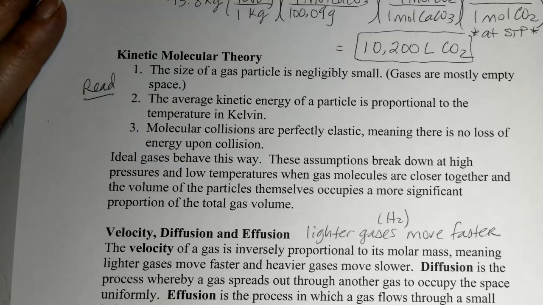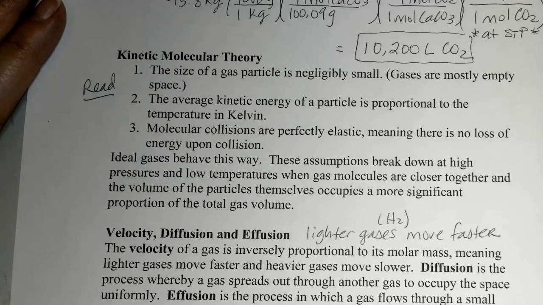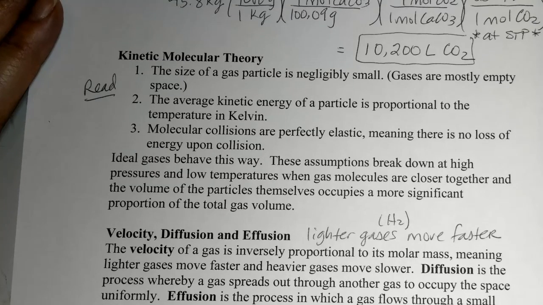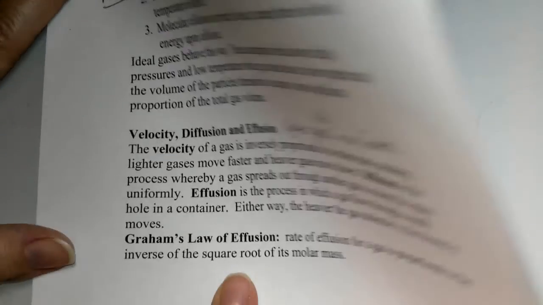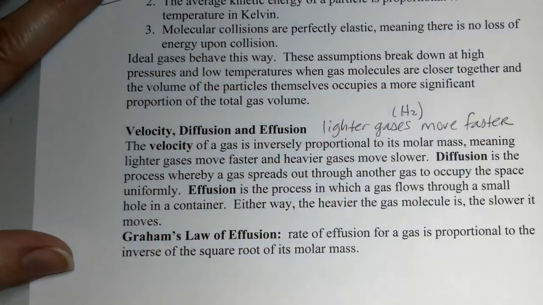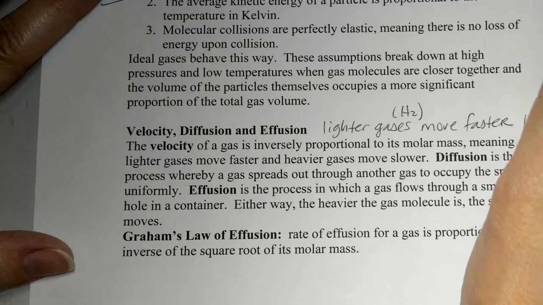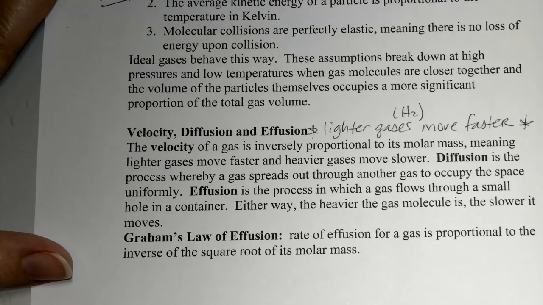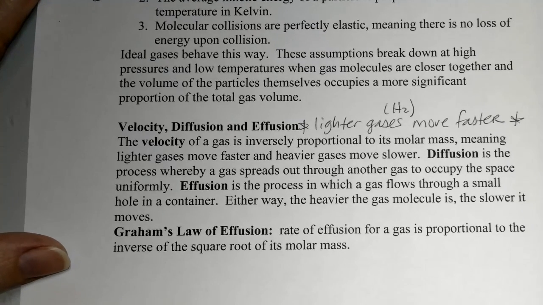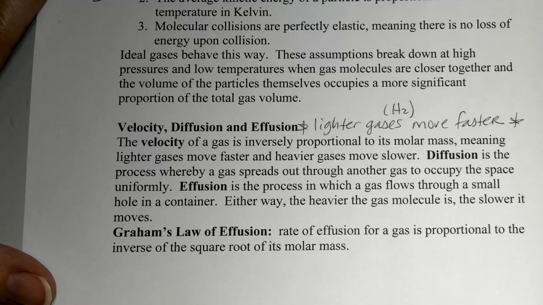And then Graham's law of effusion actually looks at a mathematical approach, looking at the square root of the molar mass. I tend not to do the mathematics here with Graham's law of effusion, but conceptually, I do want you to remember, right, the lighter the gas, the faster it will move. The higher the molar mass, obviously, the slower it will be. So anyway, that is the end of our Chapter 6 notes.